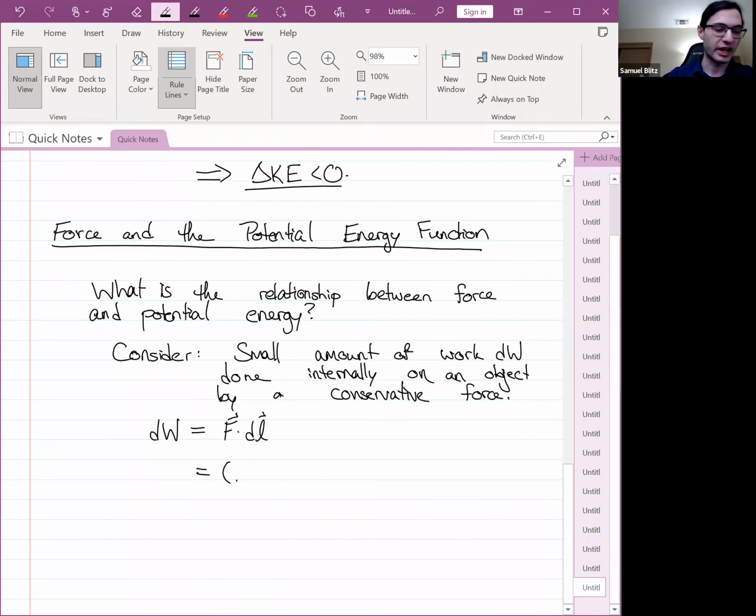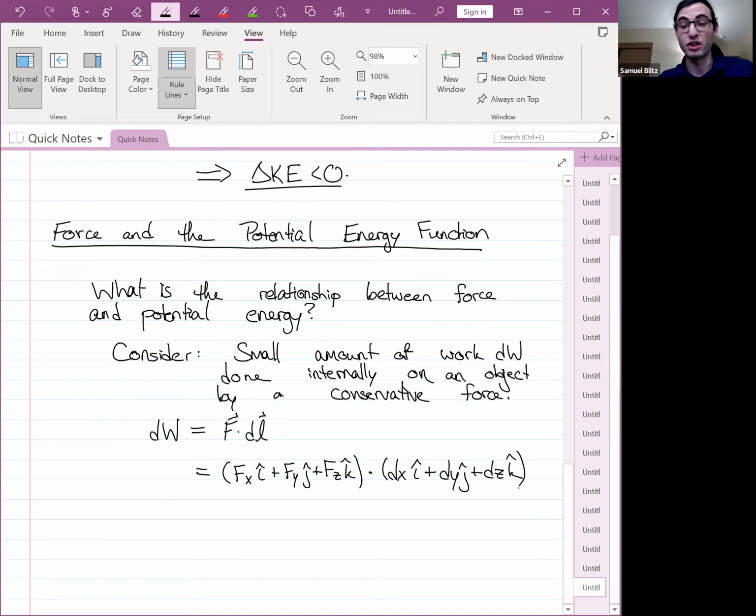So we can write F as F sub x in the i hat direction plus F sub y in the j hat direction plus F sub z in the k hat direction. And then we just need to write down a generic small path. That's fairly easy: dx i hat plus dy j hat plus dz k hat. If you perchance know what the path is, then you could write dy in terms of dy/dx times dx, but in general this is fine.